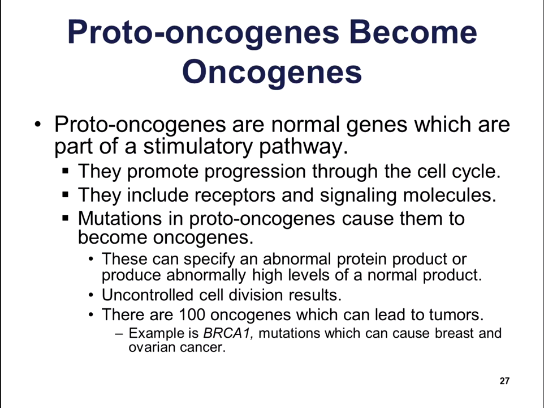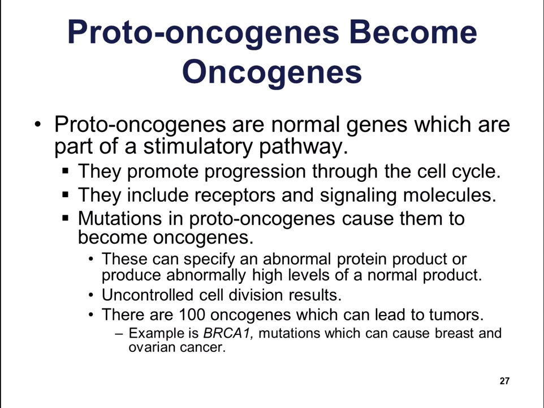Proto-oncogenes are normal genes which are part of the stimulatory pathway, and they promote progression through the cell cycle. They include receptors and signaling molecules. But if we see a mutation in them, they can become oncogenes. And these can specify an abnormal protein product or produce abnormally high levels of a normal product.